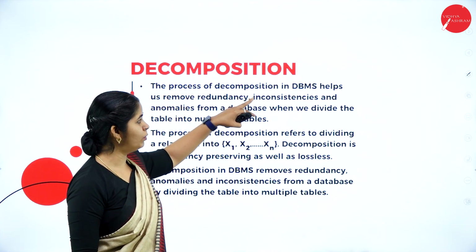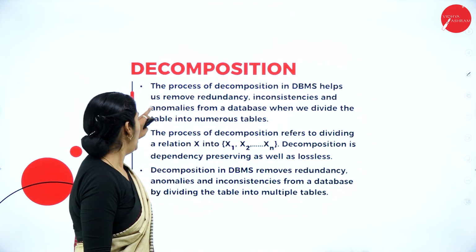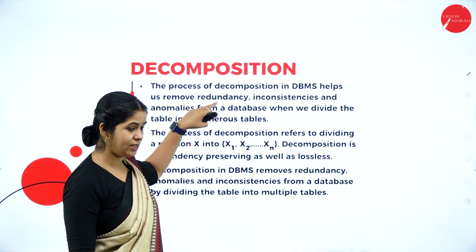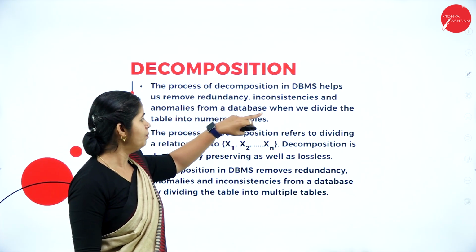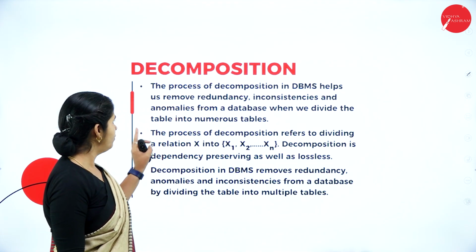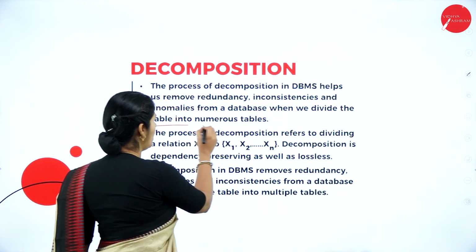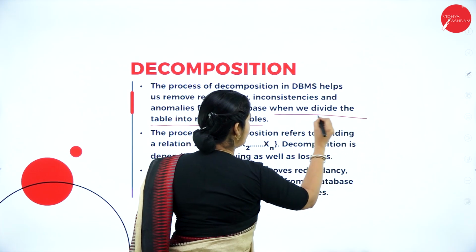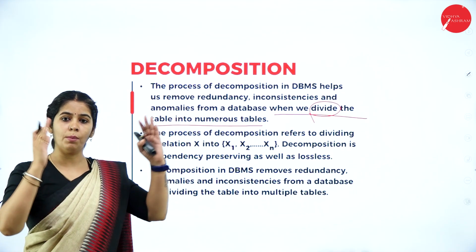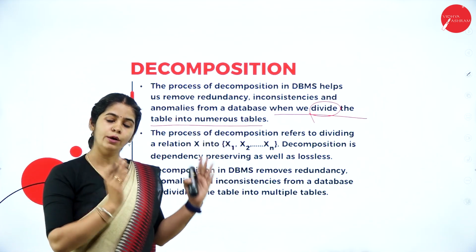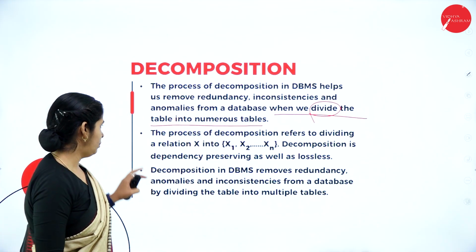The process of decomposition in the DBMS helps us remove redundancy, inconsistency and anomalies from the database when we divide the table into a number of tables. We are dividing a large table into small tables.